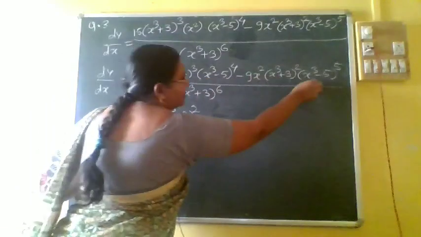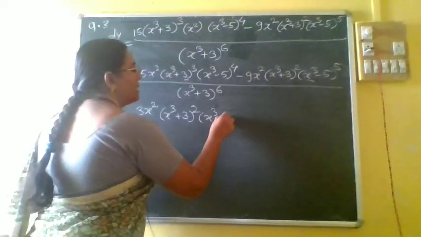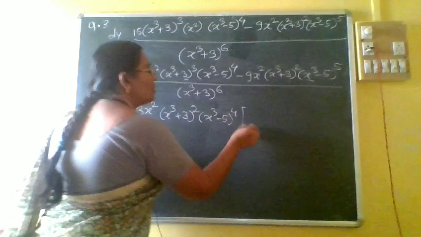And from these two, again (x cube minus 5) raised to 4 is common.